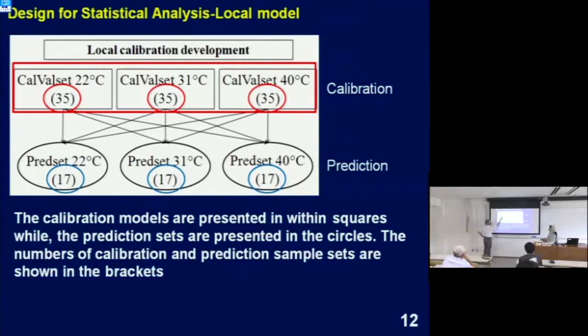Validation set. You have a prediction and calibration here, and then this calibration and prediction again. Your way is always double, triple times, more than necessary. Fine.